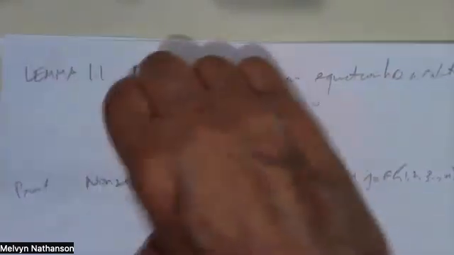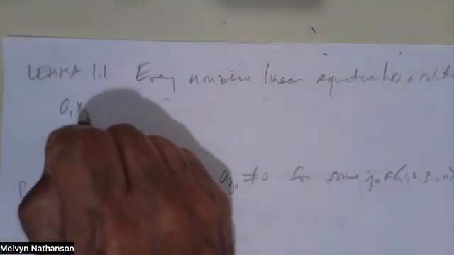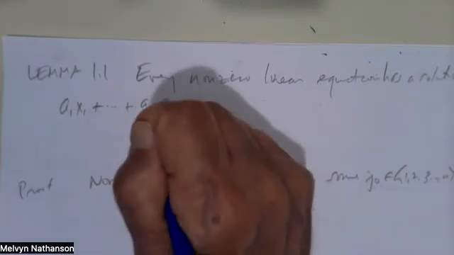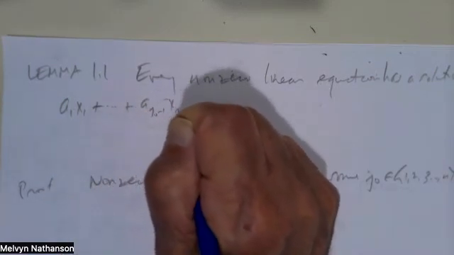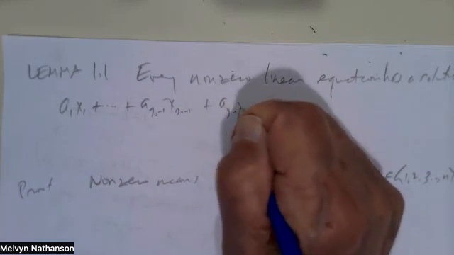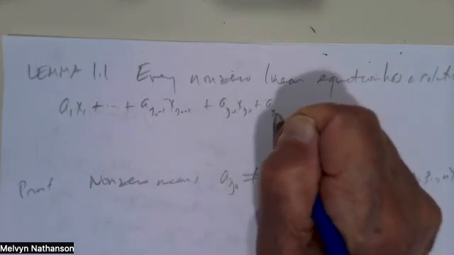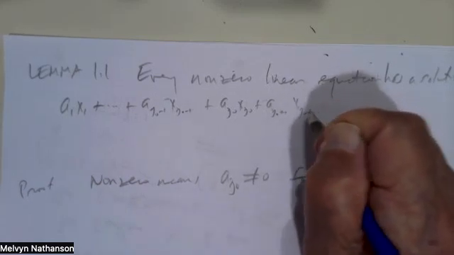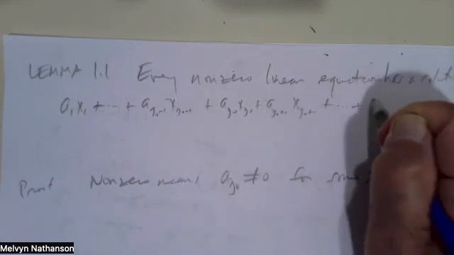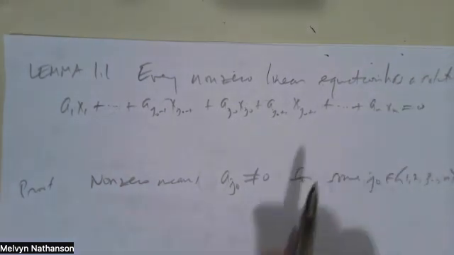So if we're looking at this equation, let's write it like this. I have a1 x1, up to a sub j naught minus 1 x sub j naught minus 1, a sub j naught x sub j naught, a sub j naught plus 1 x sub j naught plus 1, up to an xn equals b.